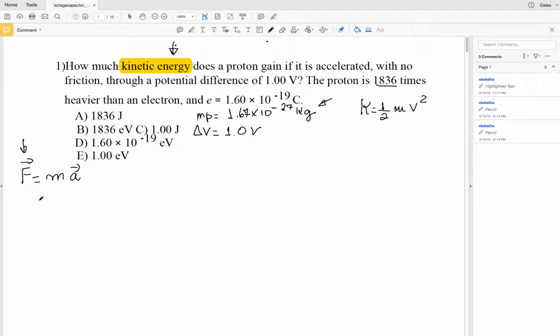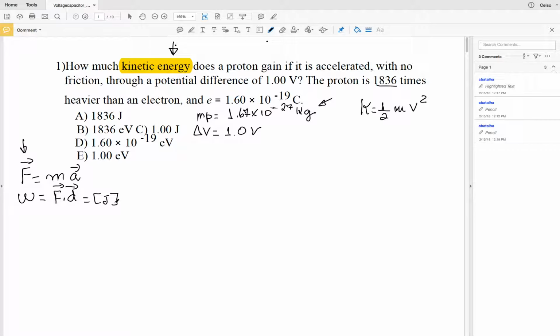Okay, but how does force relate to energy? Well, we learned the concept of work. Work is, for us, the product of force and displacement. And work is measured in joules, which is the unit of energy.